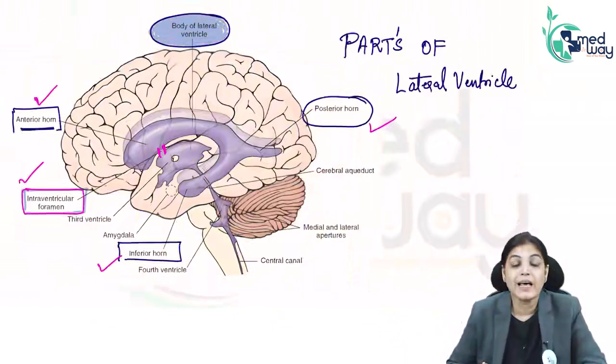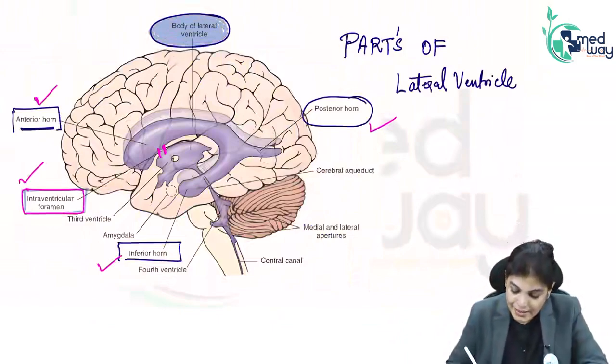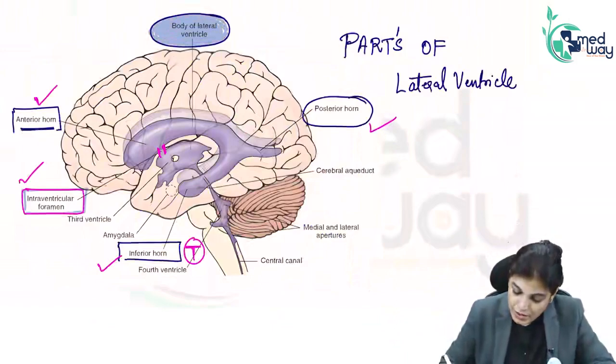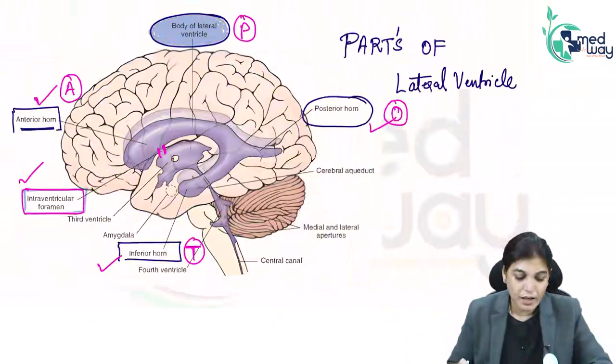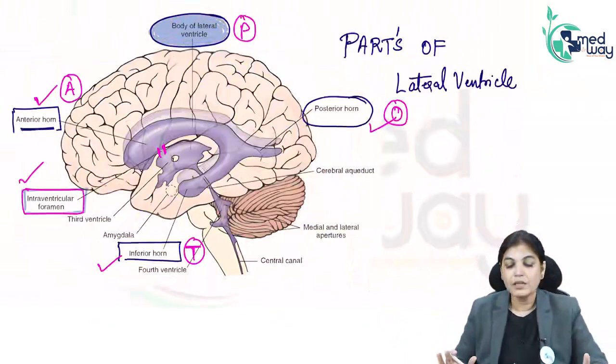Inferior horn is considered as the direct continuation of the main part of the lateral ventricular cavity, and it is related with temporal lobe. So it is T for temporal lobe, posterior O for the occipital lobe, body or central part with the P for parietal lobe, and the anterior A for the anterior lobe. So this is how the different parts of the lateral ventricle is divided.